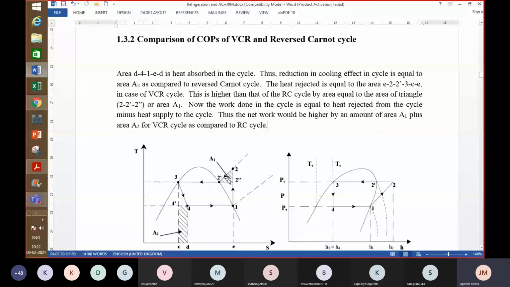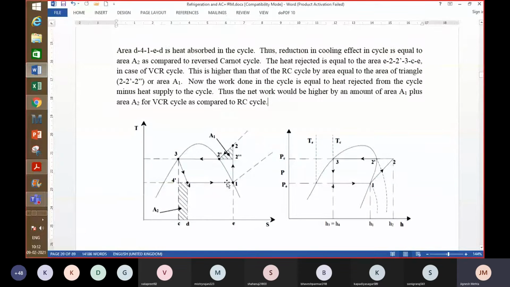And another change made here is you are moving along 3-4 rather than 3-4'. So if it were along 3-4', you would have got evaporation right from 4' to 1, but now you are getting it from 4 to 1.